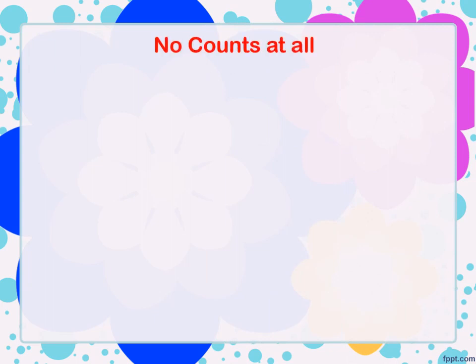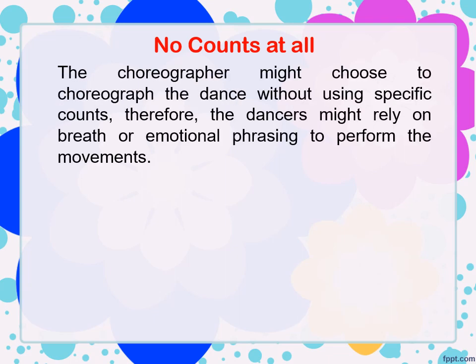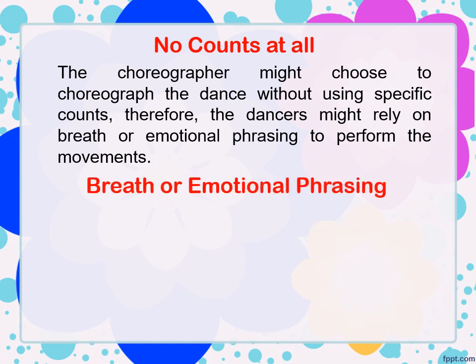No counts at all. The choreographer might choose to choreograph the dance without using specific counts. Therefore, the dancers might rely on breath or emotional phrasing to perform the movements. Breath or emotional phrasing.